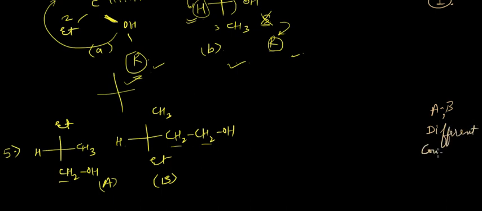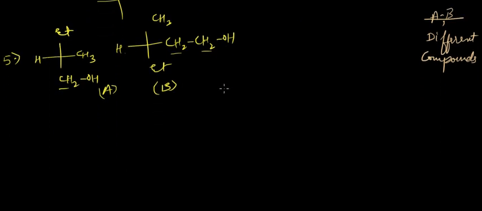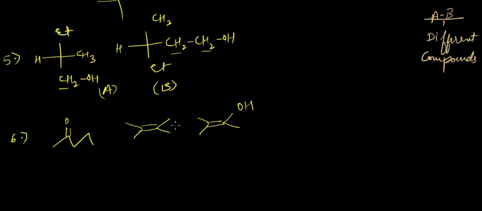Different compounds. Okay, let us look at some more examples. So we have something like this: OH, H here, H here and OH here.